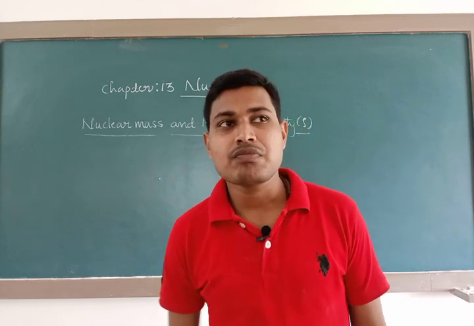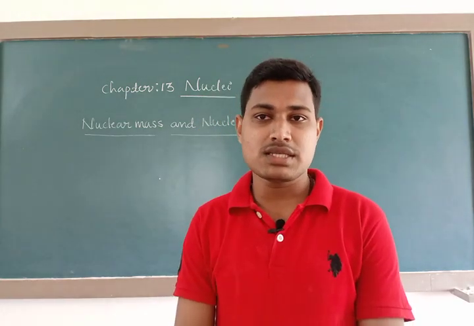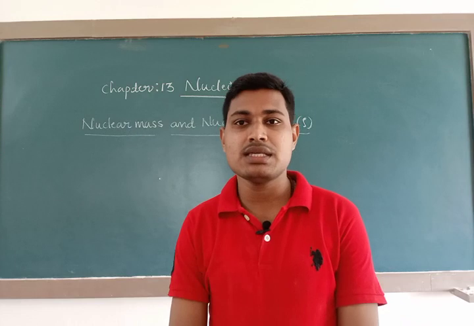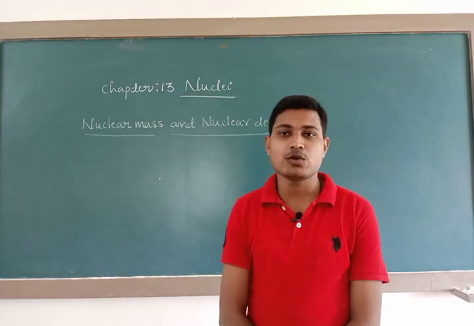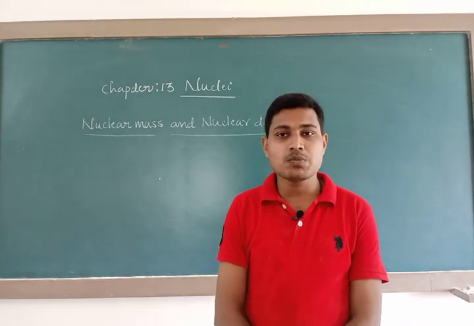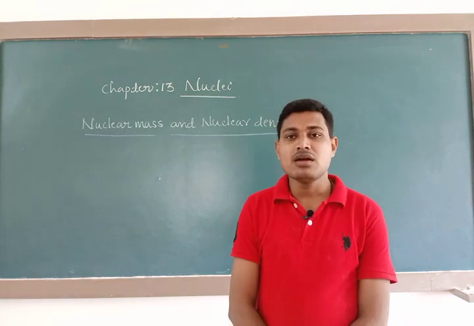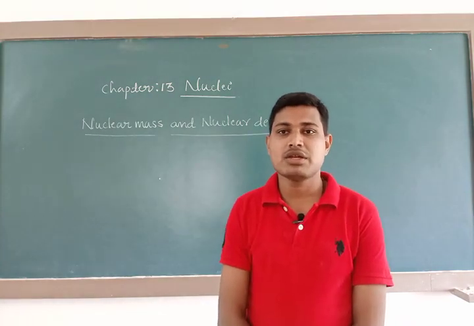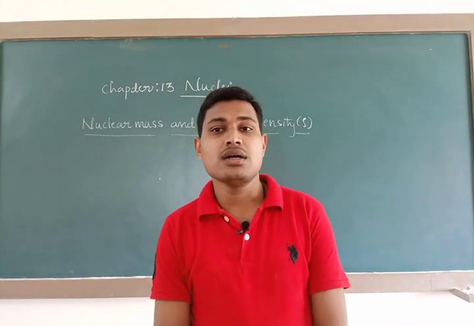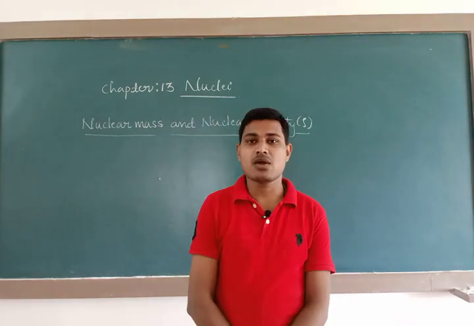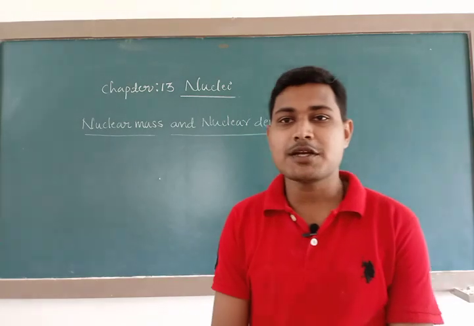We noticed that the smallest nucleus is hydrogen, particularly the proton, 1H1, an isotope of hydrogen, which possesses the smallest radius, about 1.2 Fermi. And uranium possesses the largest nuclear radius, around 8 Fermi. So we discussed these concepts related to the nucleus.